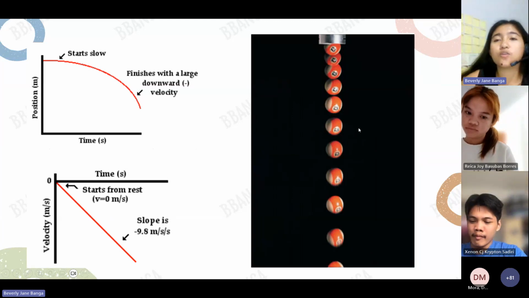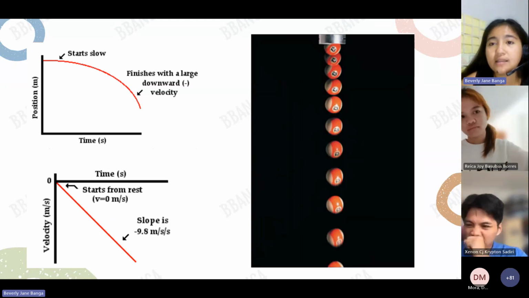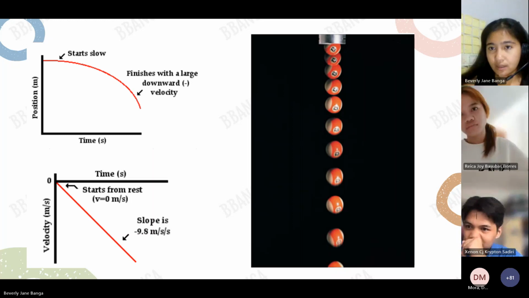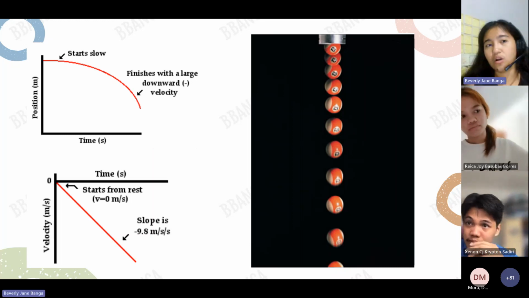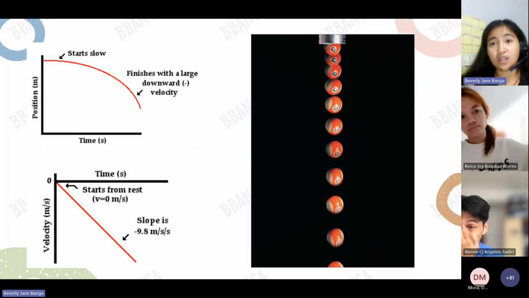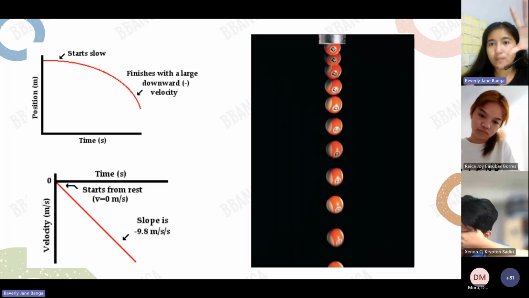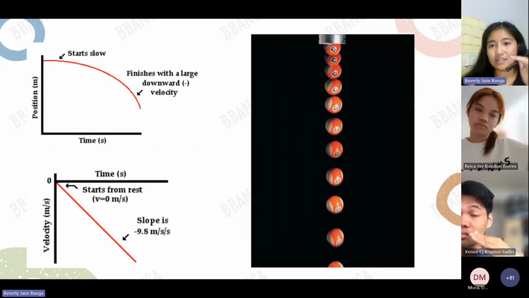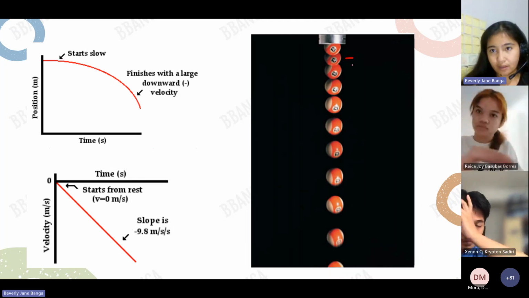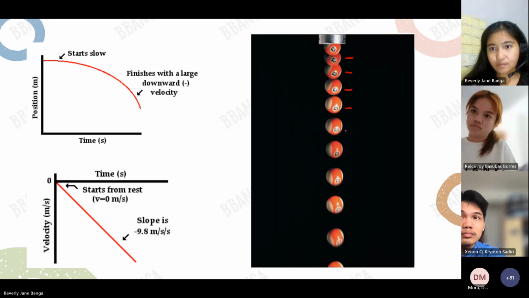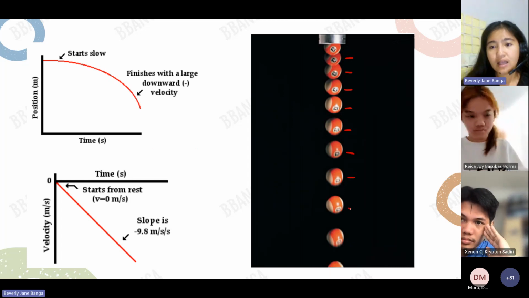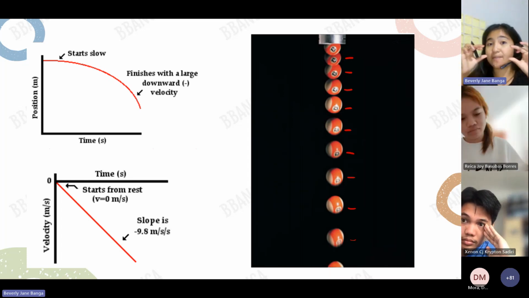So, makikita nyo dito, class, yung snapshot ng isang ball taken with the same time interval. May dinrap na ball and then lahat ng screenshots na to are all taken with the same time difference.